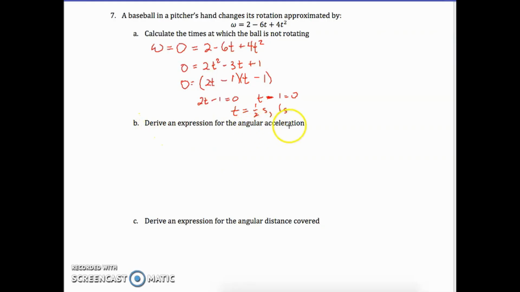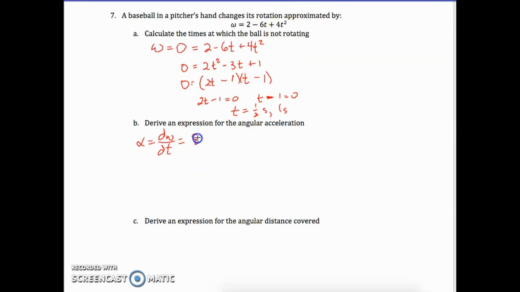Now to get an expression for the angular acceleration, we need to do what we did last time and use the relationship between angular speed and acceleration, which is take the derivative of angular speed. So we're going to take the derivative of this expression that was given at the top. In this, we're going to be running the antiderivative process that we looked at last time in reverse. So this time the exponent is going to come down and multiply by our current exponent, and then we're going to reduce the exponent by 1.